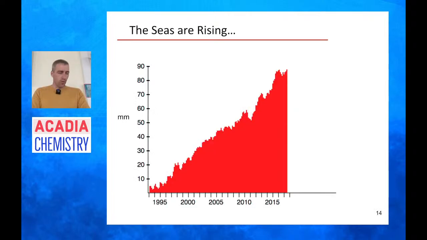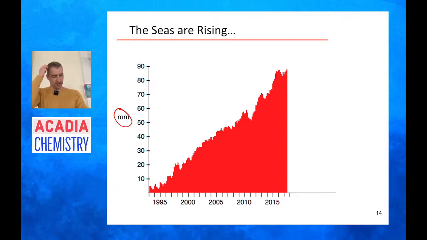So one thing that we know for sure is that the seas are rising. Sea levels are increasing. This is the level of the sea from the early 90s to, I guess, just a couple of years ago. This is in units of millimeters. Of course, 1,000 millimeters is 1 meter.